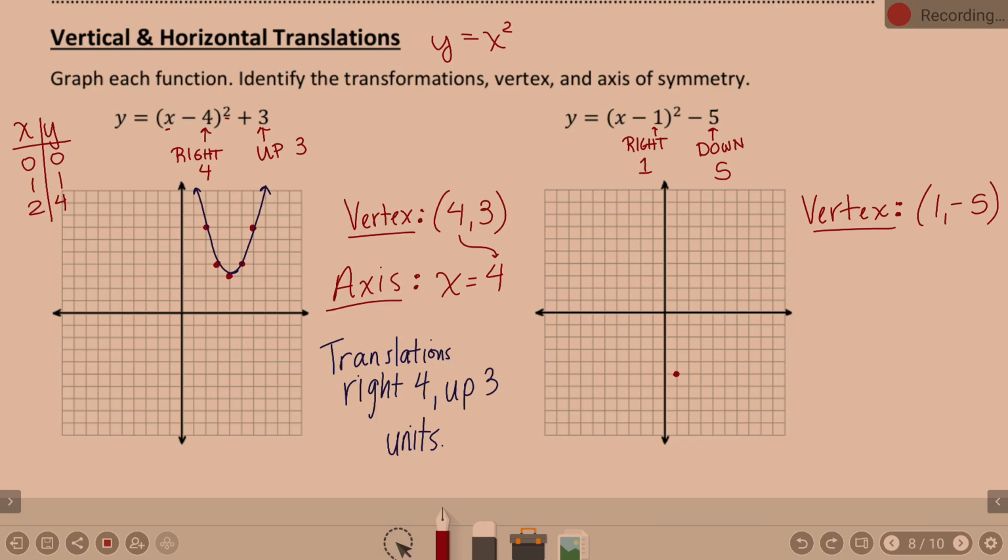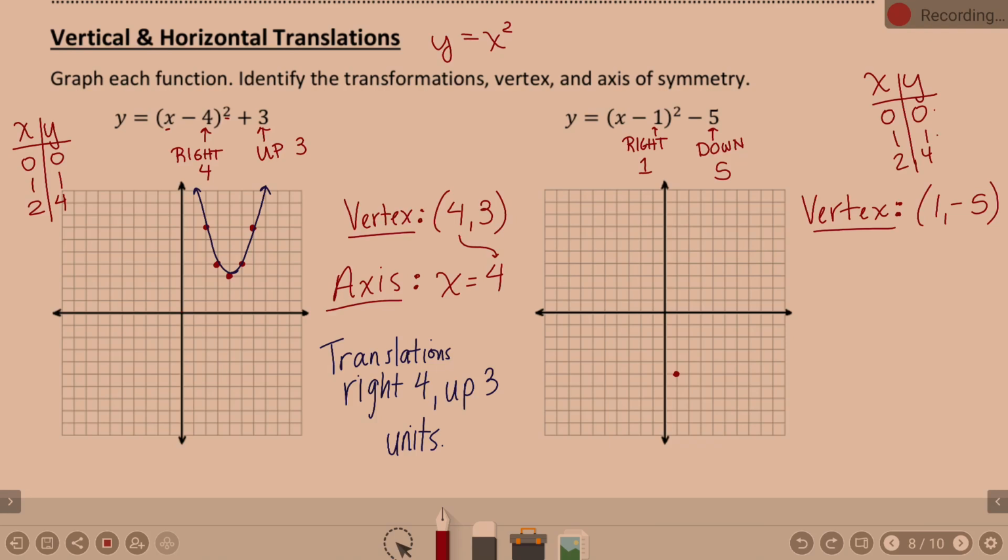How do we graph the rest of this parabola? From the vertex, I need a set of points that are what? Okay. 1 over, 1 up. Because remember, this is the kind of XY chart I'm going to try and get you guys to remember for parabolas. 0, 0, 1, 1, 2, 4. That represents your vertex.